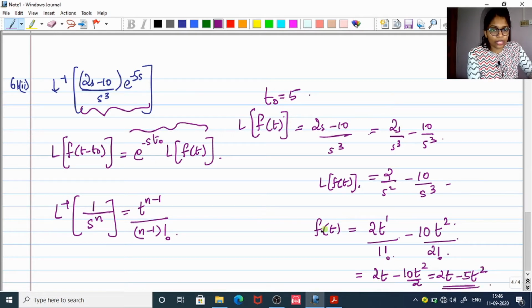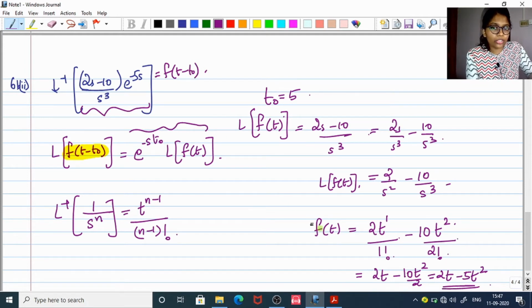But according to the time shifting property, if your Laplace function is e raised to minus s t0 L of f of t, then your inverse Laplace is f of t minus t0. So here your Laplace equation is Laplace of one function into e raised to minus s t0. The inverse Laplace is simply f of t minus t0, and here you have your f of t.